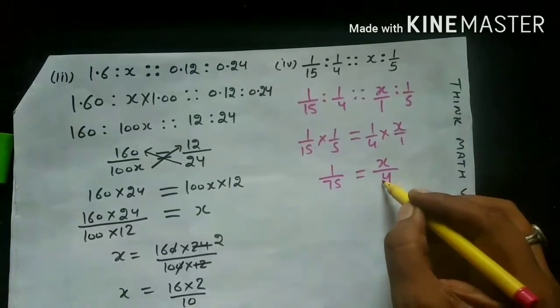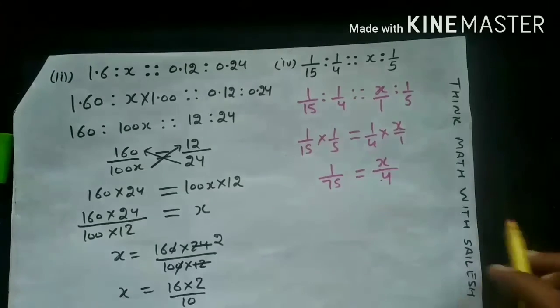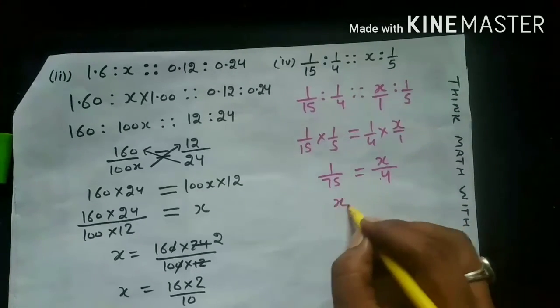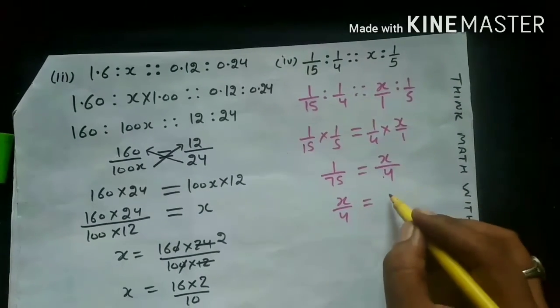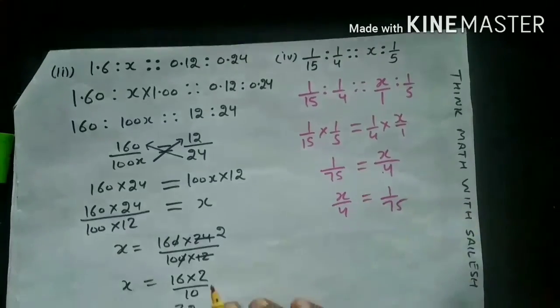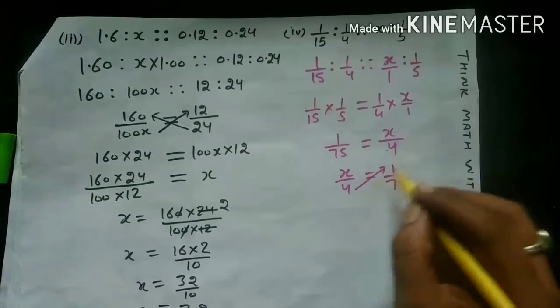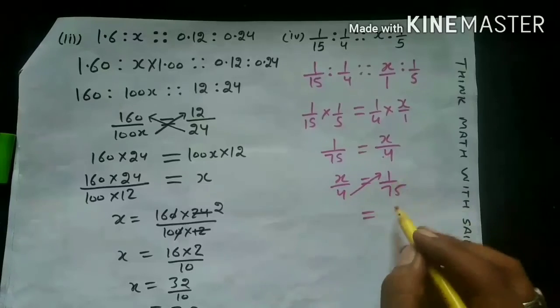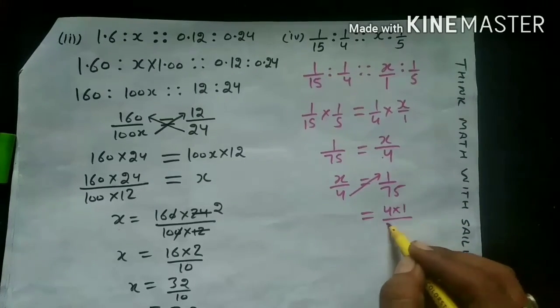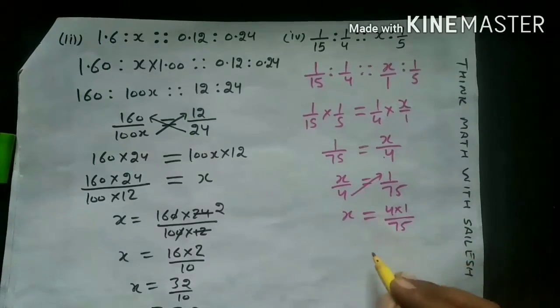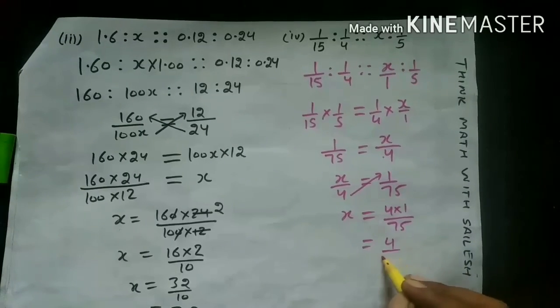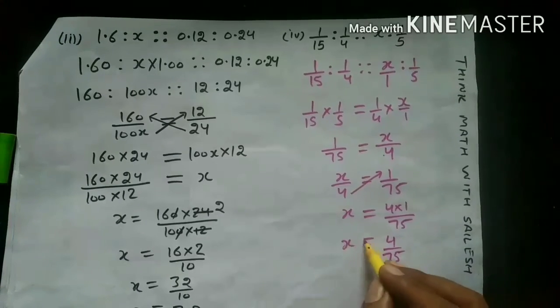Now I have to find only x. Therefore I can transpose 4 to the other side. 4 multiply 1 over 75. Now 4 over 75 is my answer.